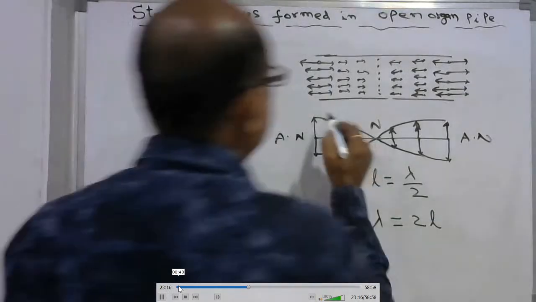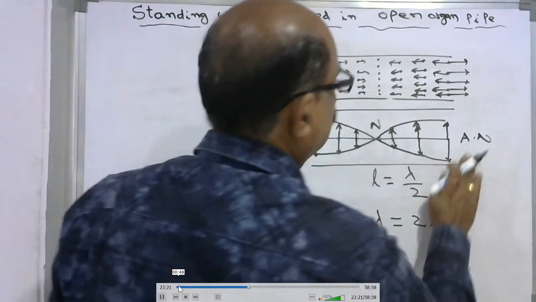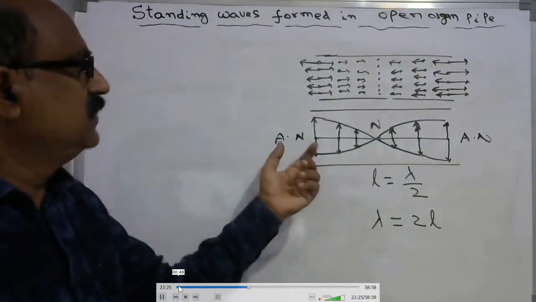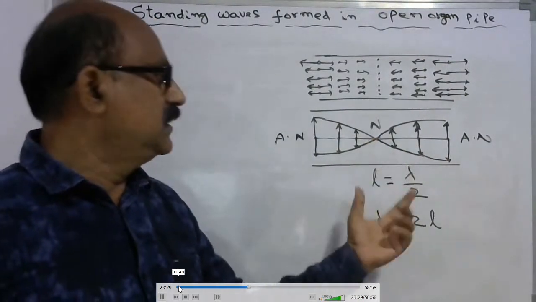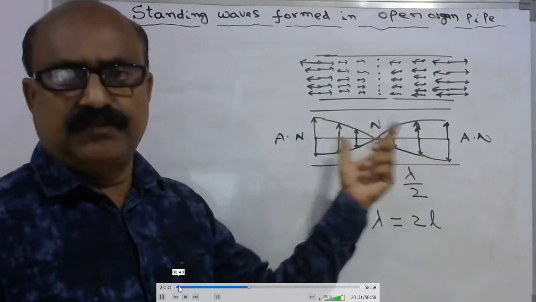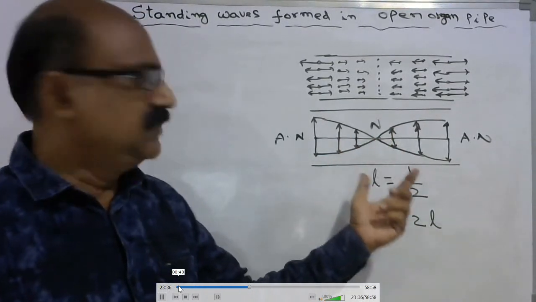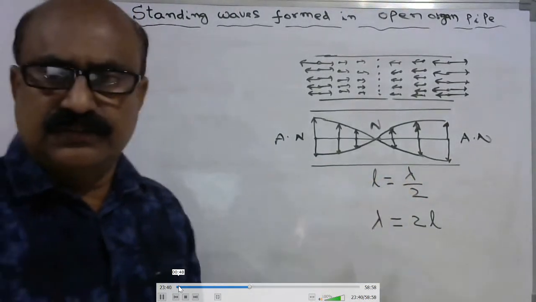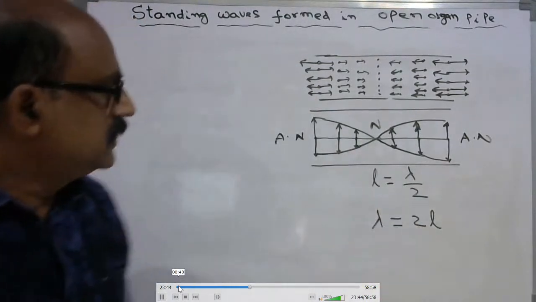In this open organ pipe, this is the first fundamental mode of vibration. In this fundamental mode, we have two antinodes and one node, and the length of the air column is half of its wavelength. See, lambda is equal to 2 times the length.